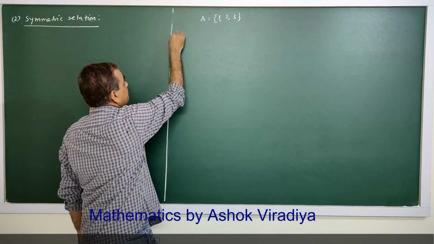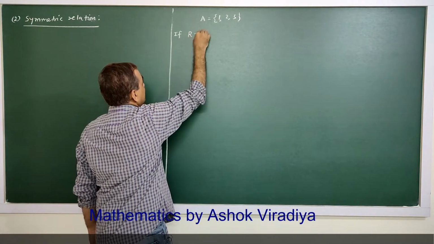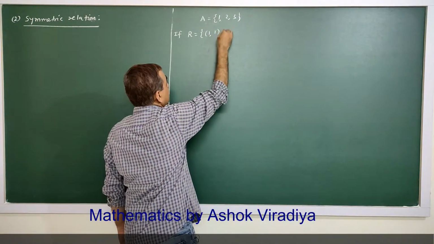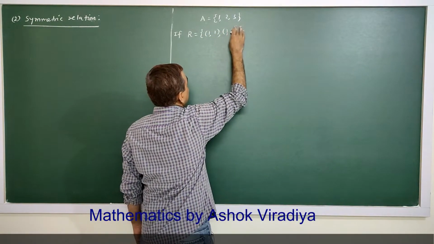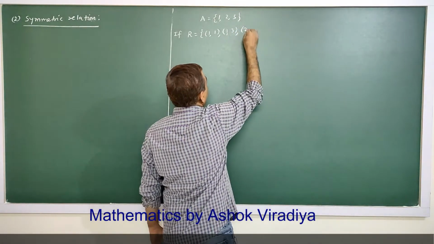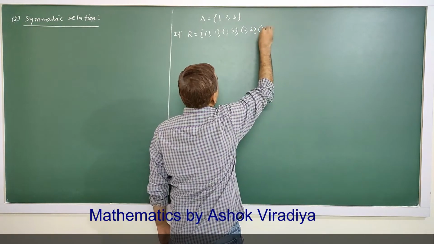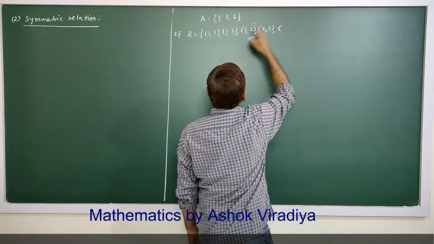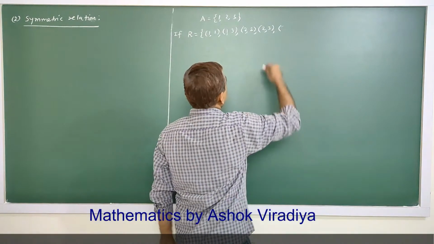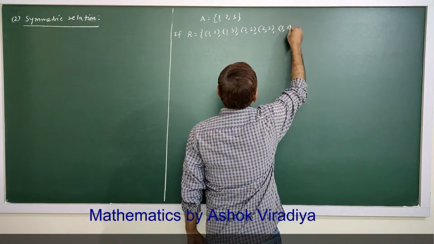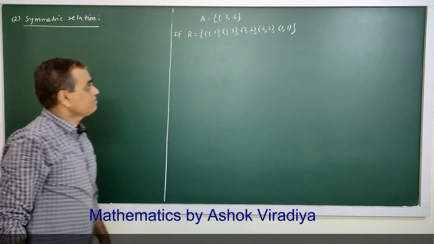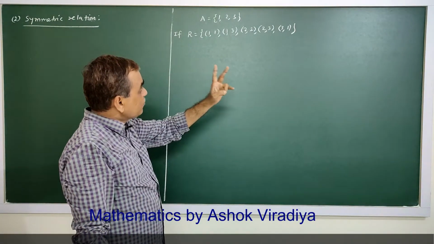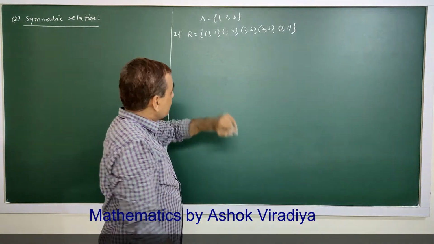Now here, if we take relation R, suppose I am taking (1,1), (1,3), (2,2), (2,3), (3,1). Let me include one more, (3,2).